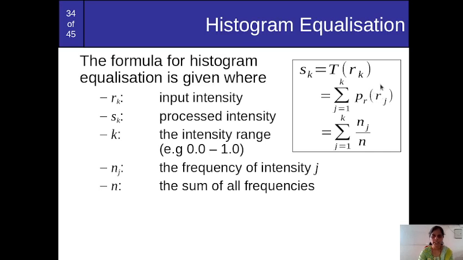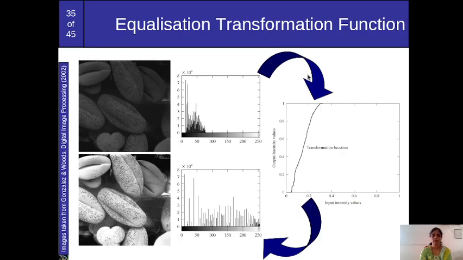This Rj is nothing but the corresponding input intensity value. How many such intensity values, divided by the total sum of the frequencies, is going to give us the new intensity.